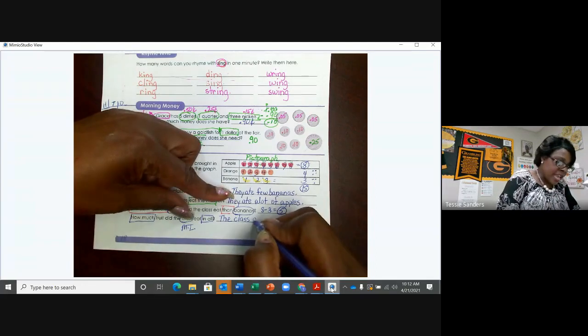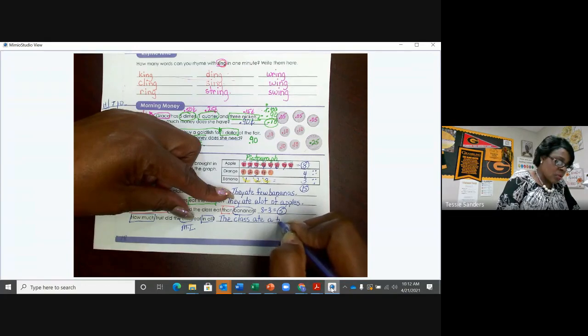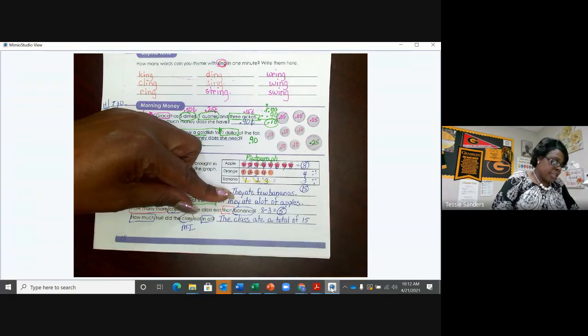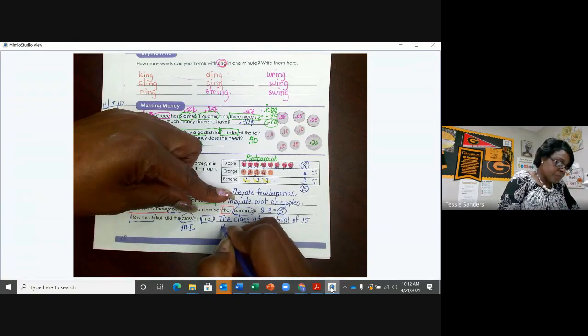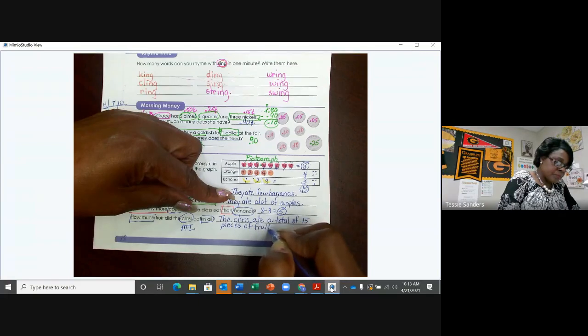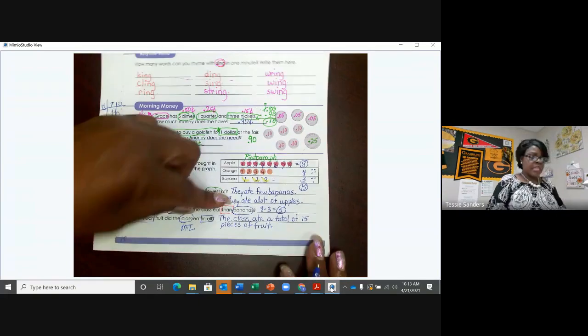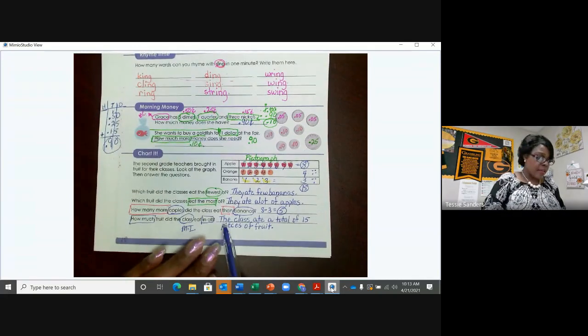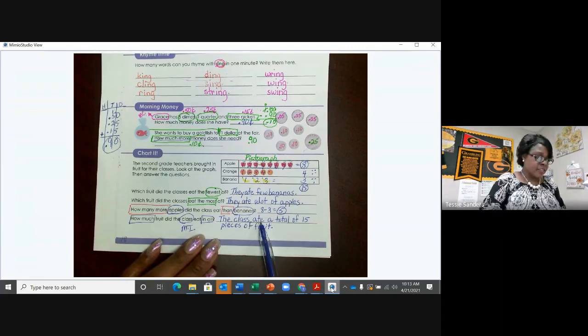The class ate a total of 15 pieces of fruit. Period. You should have written a short response of the class ate.